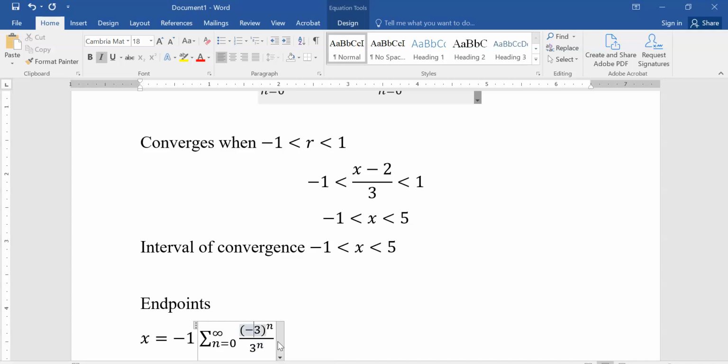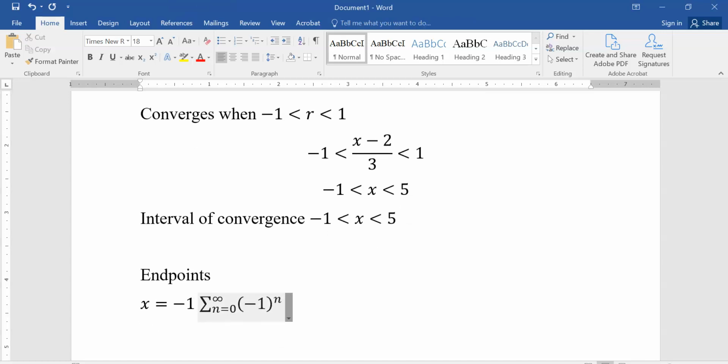The 3's will cancel out and you'll be left with -1 to the nth power. So what you're getting is -1 to the nth power, excuse me. And by geometric series, we know this diverges. All right, that series diverges.